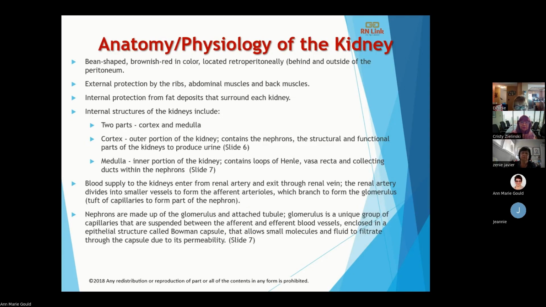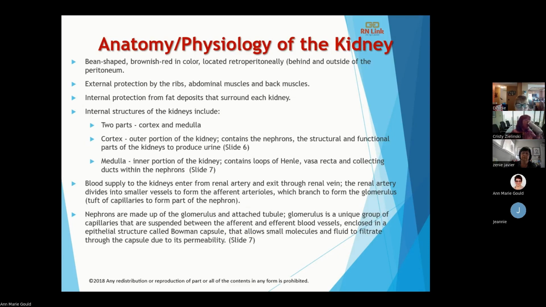So it's behind and outside the peritoneum, not within the peritoneum area. Its external protection includes the ribs, the abdominal muscles, as well as the back muscles. And your internal protection is fat deposits that surround the kidney.